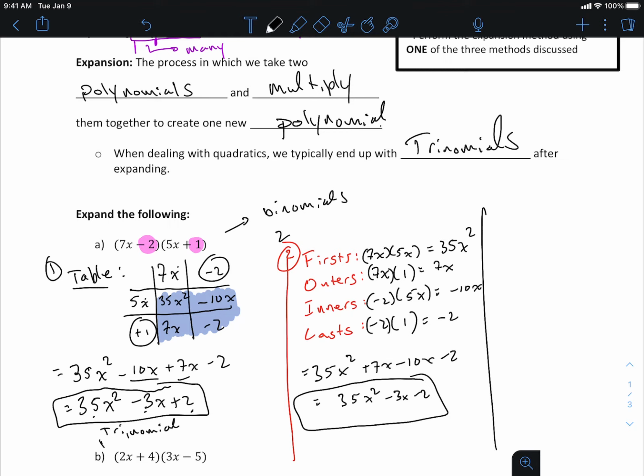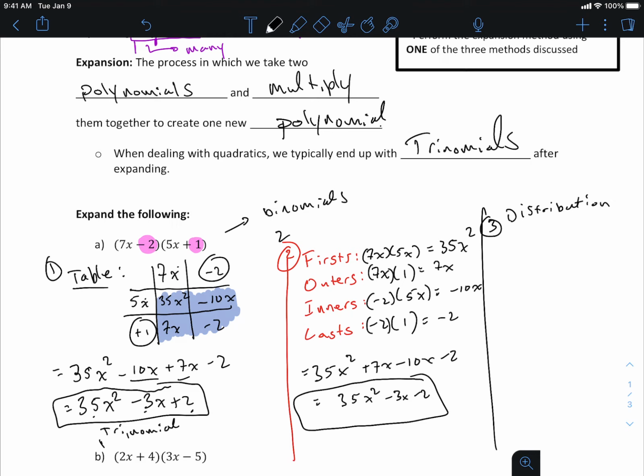Any questions? Okay, the third method is, I don't know, its formal name is going to be distribution.